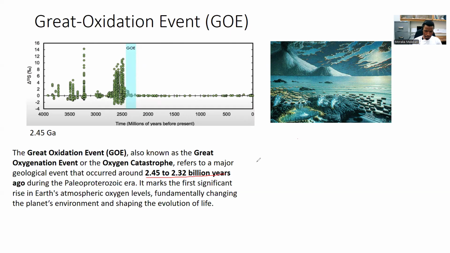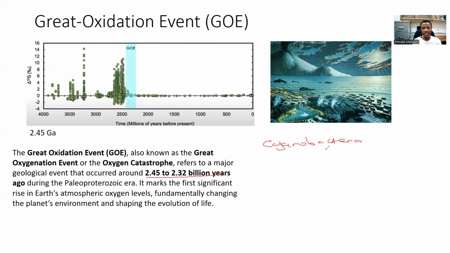It's what you call the Great Oxidation Event, which is basically a rise in oxygen levels due to the presence of photosynthetic life forms like cyanobacteria, living in the sea.